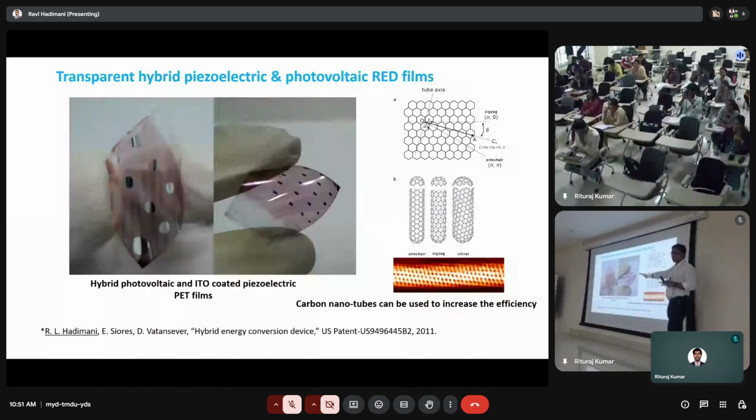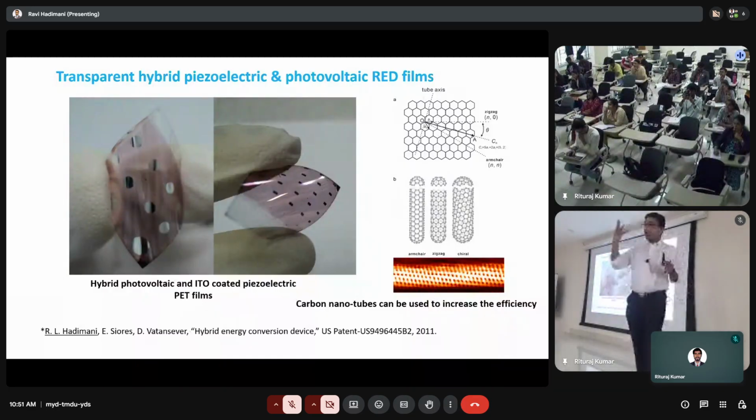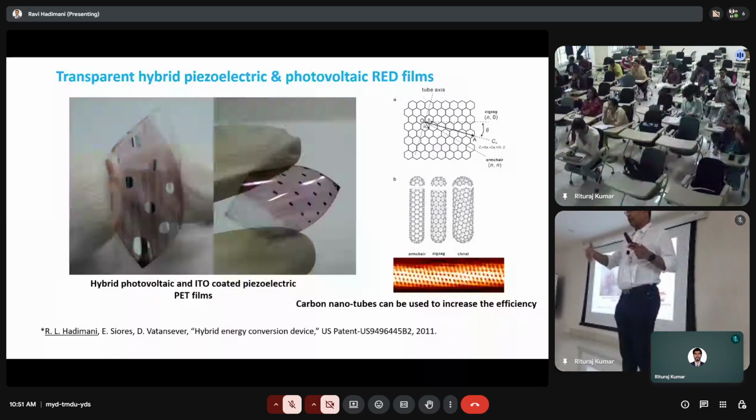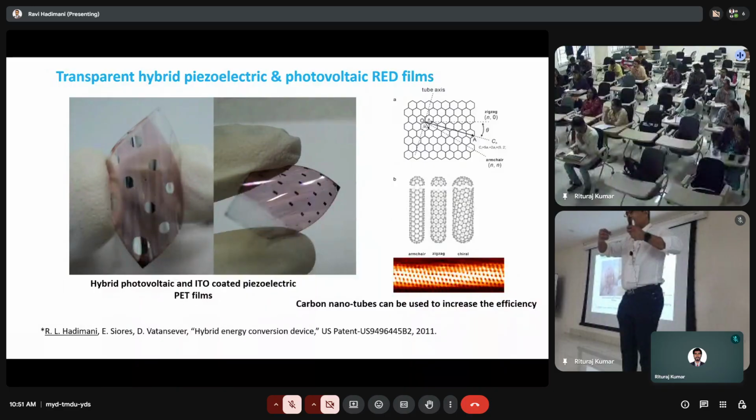Basically, the reason why it was inefficient was that when light hits the polymer, an electron is released from these compounds. And if the electron is released, it also creates a hole, right? So the hole and electron should separate out. If they don't separate out, they combine and become neutral again.